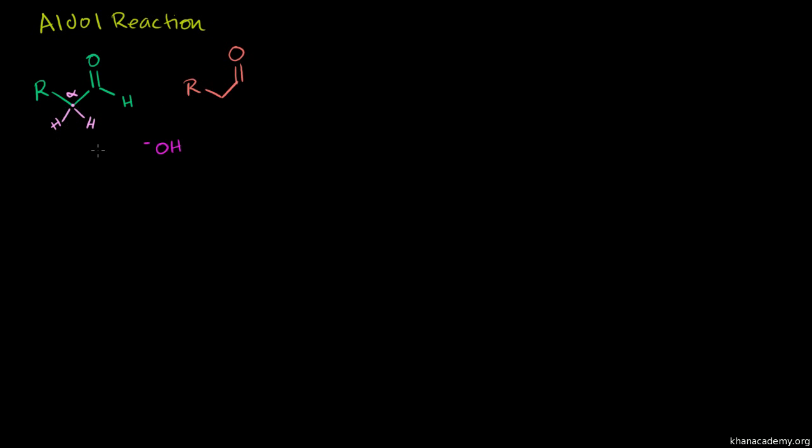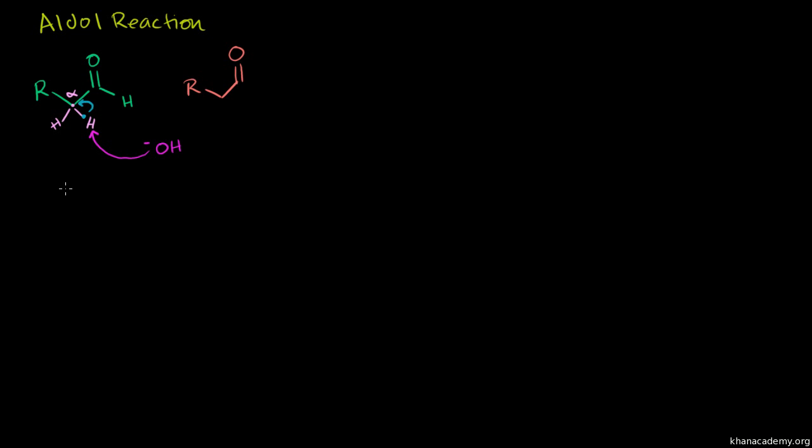So you could imagine a situation where an electron from the hydroxide is given to one of these hydrogen protons, and then the electron that was associated with that hydrogen is now given back to this alpha carbon.